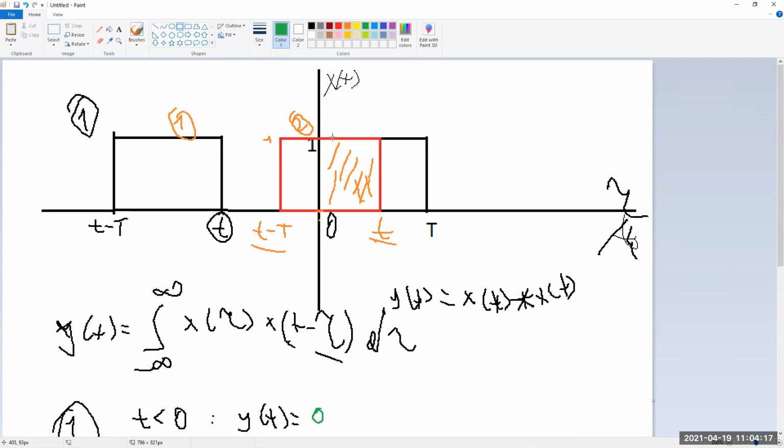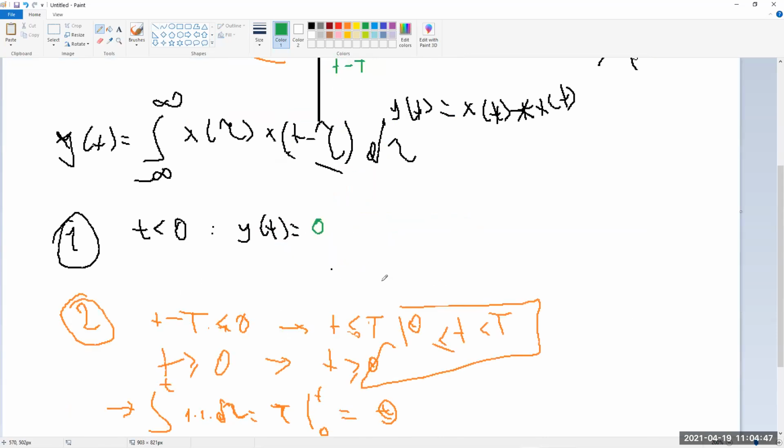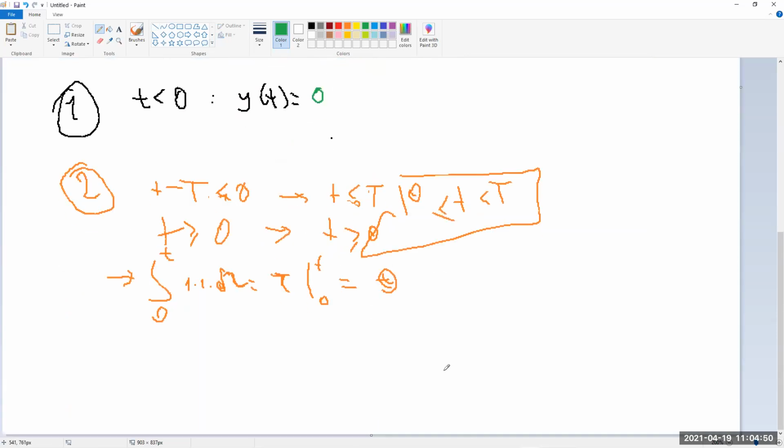And then we will continue with the third case. It's this one. When we go beyond the rectangle, again this part is t, and this boundary is t minus big T. As you can see, we can say that.